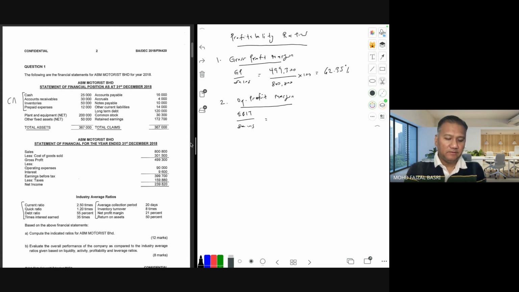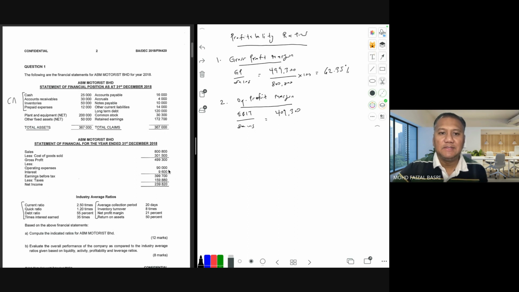So you can retrieve it back 399,700 plus 9,006. So dia punya tadi 409,300. Earning before interest and taxes I recap balik, macam nak dapat 409,300 is either use 499,300 minus 90,000 or you can use 399,700 plus 9,006.